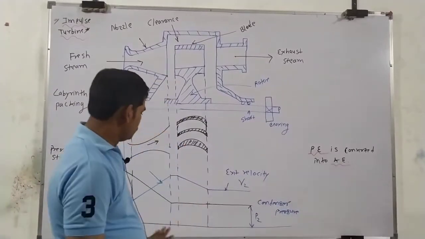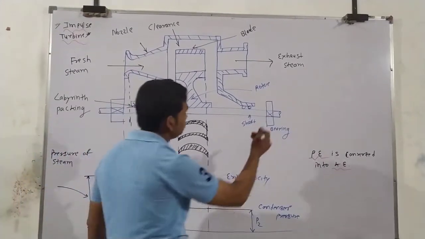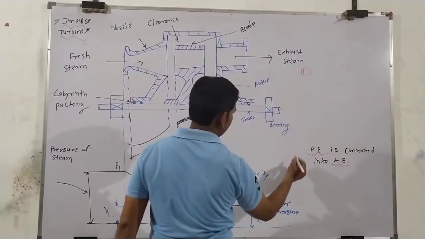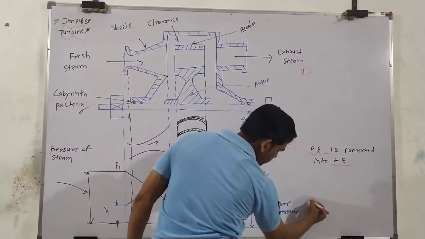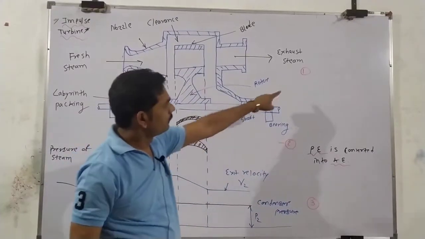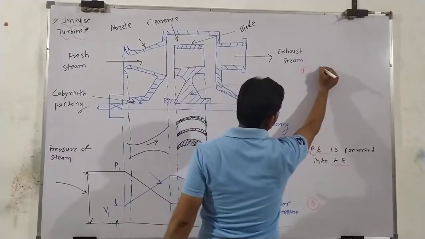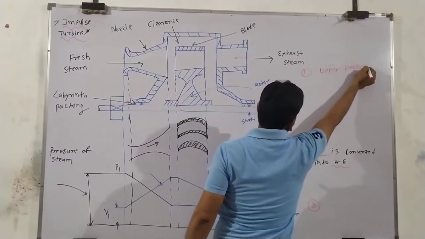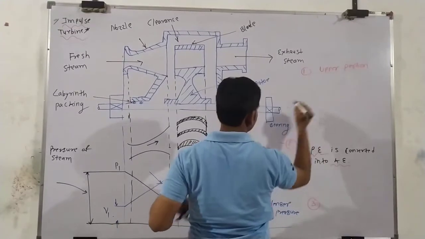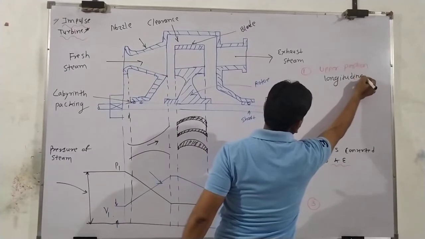See here, how many sections are there? There are a total of 3 sections: section 1, section 2, and section 3. This is the upper portion, the longitudinal section.